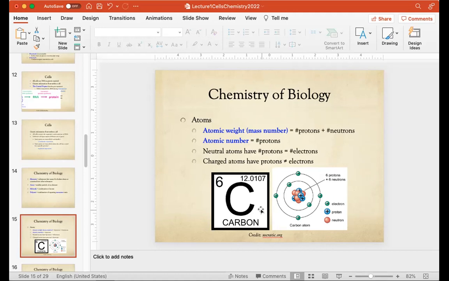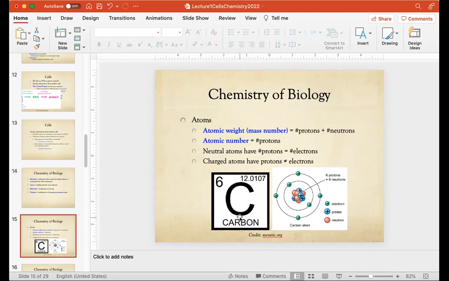The symbol that we use for carbon is the capital C. And periodic tables will arrange these numbers a little bit differently. It depends on the table that you look at. But it's going to give you both an atomic number and an atomic weight. So it's going to give you two numbers associated with one atom of this element.